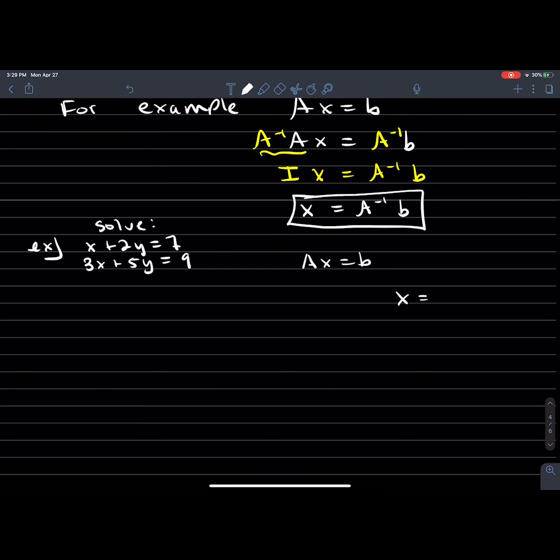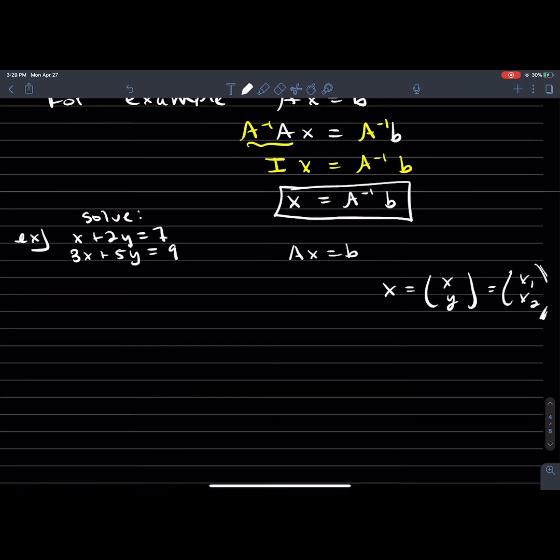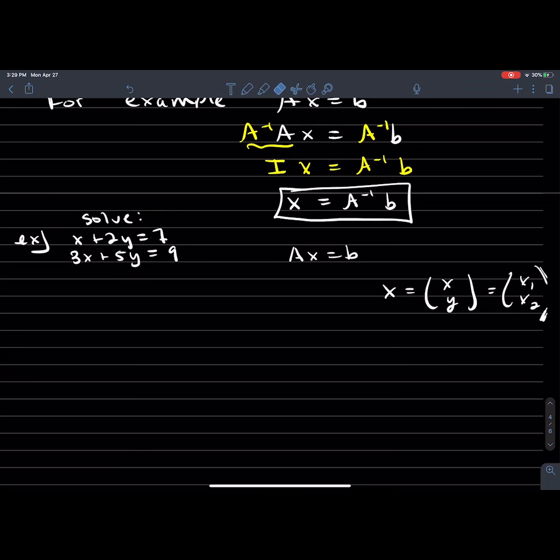You can choose X1, X2 as our unknowns if using X inside X bothers you, but it doesn't bother me. So this is my B. My B is 7, 9. We have my X, which is X, Y. And my A is probably going to be 1, 2, 3, 5.